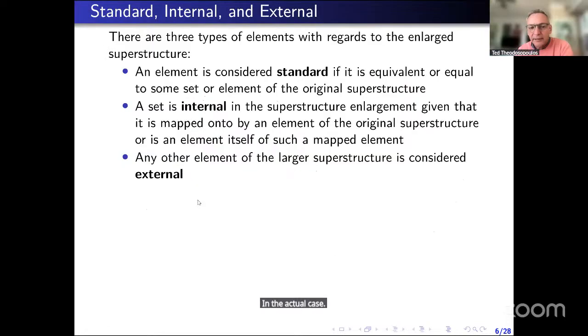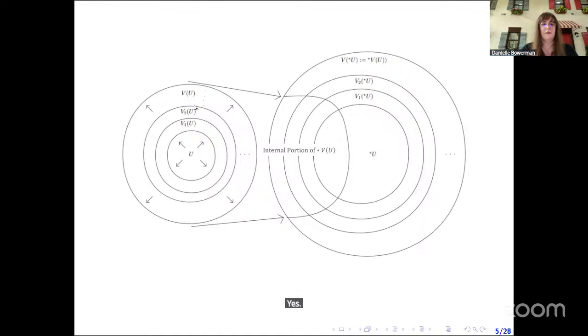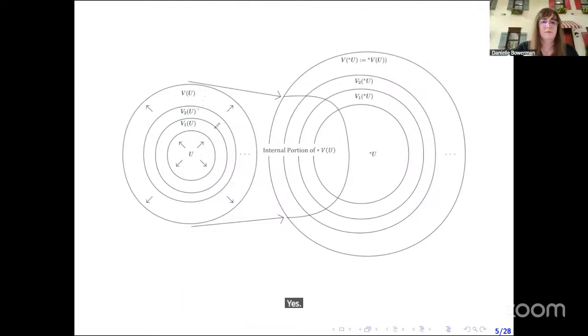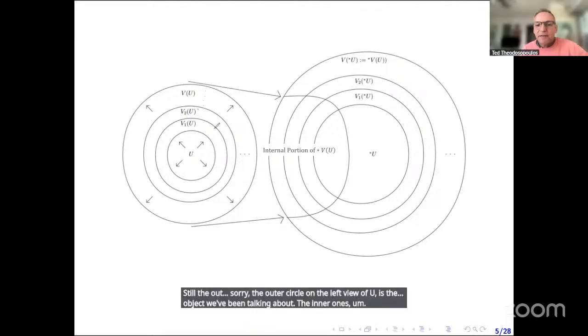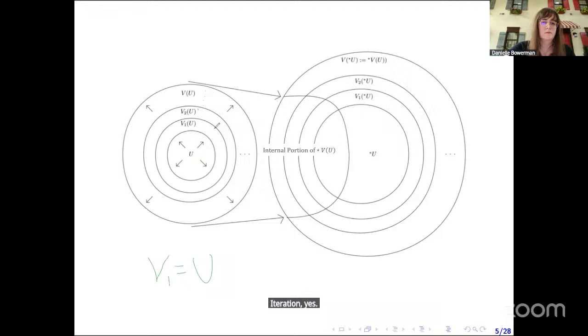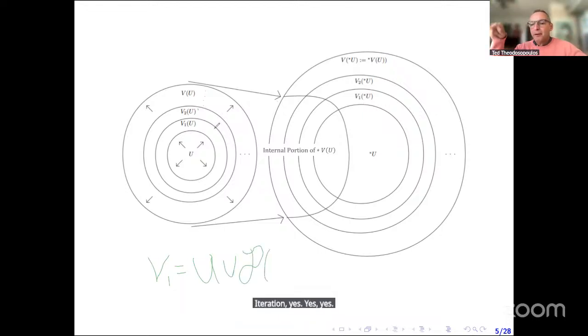Just for clarity, could you bring that back for a moment? Yes. The outer circle on the left, V of U, is the object we've been talking about. When you say V1, do you mean the first level of the iteration, the union of U and the power set of U? Yes. And then V2 is the power set of that union, and so on.